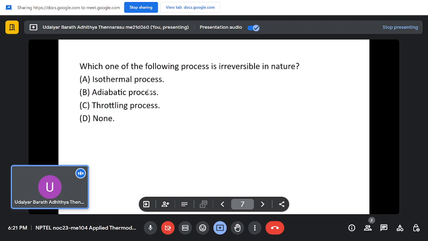So moving on, we'll see some problems. The first one is: which one of the following processes is irreversible in nature? A. Isothermal process. B. Adiabatic process. C. Throttling process. D. None.